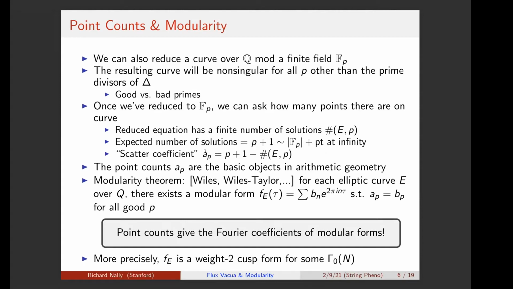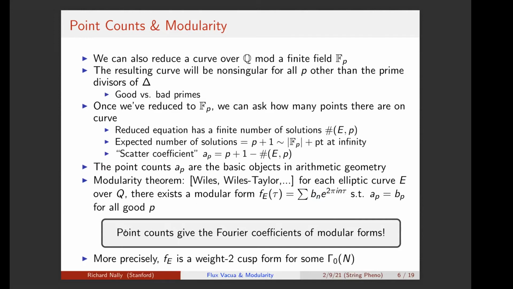So we can define a coefficient, a_p, which is the expected number of points minus the actual number of points on the curve over F_p. And these point count coefficients, a_p, those are the basic objects of study in arithmetic geometry. And the point of these a_p is the modularity theorem of Wiles and others, which says that for every elliptic curve E defined over the rationals, there is a modular form whose Fourier coefficients reproduce the point count coefficients of my elliptic curve for all good primes p.